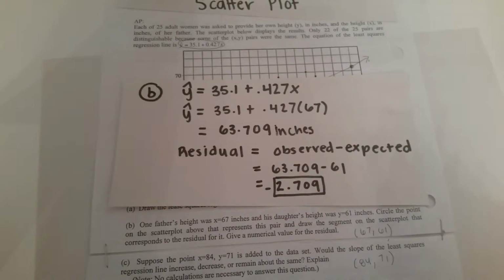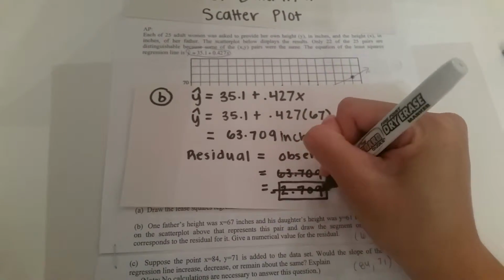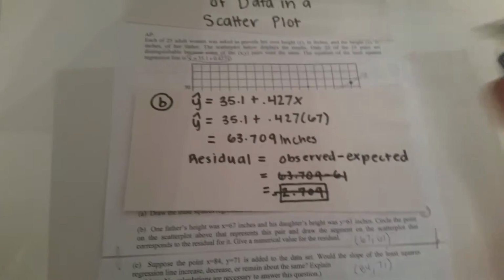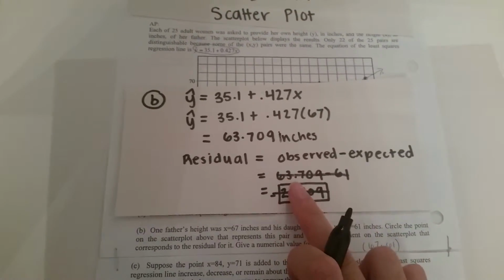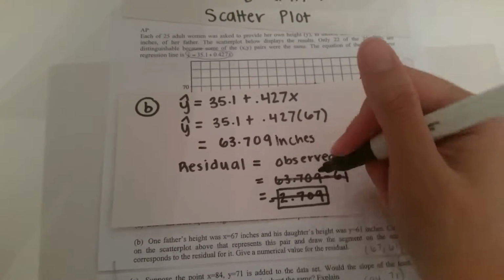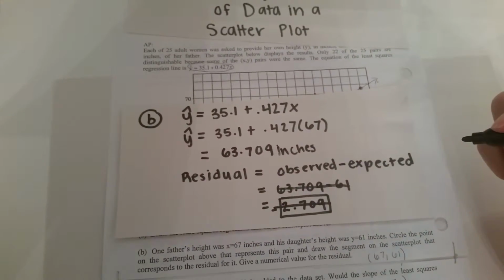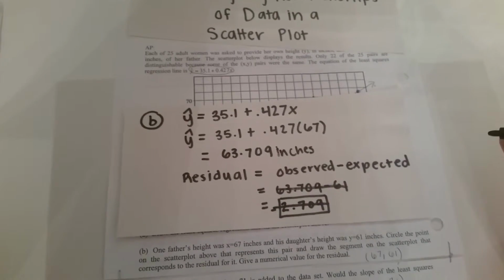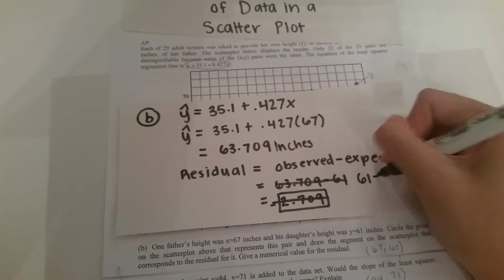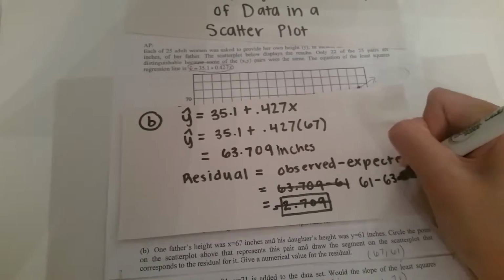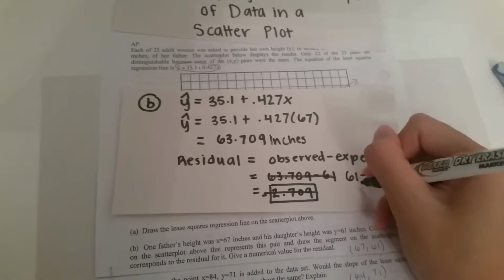Okay, 61 would be the observed, minus the expected, which is 63.709 inches.